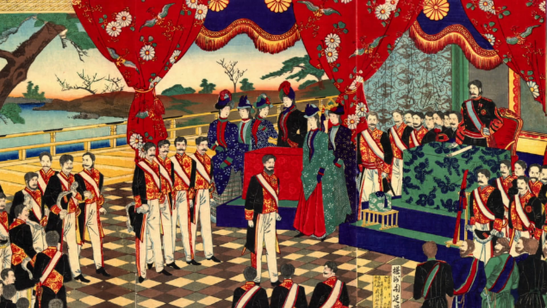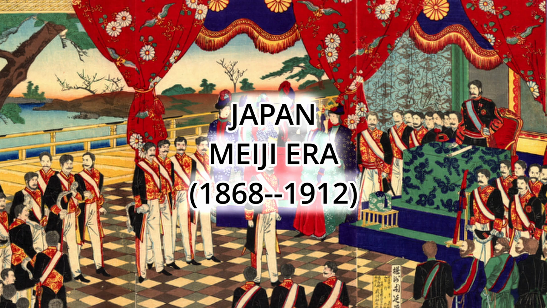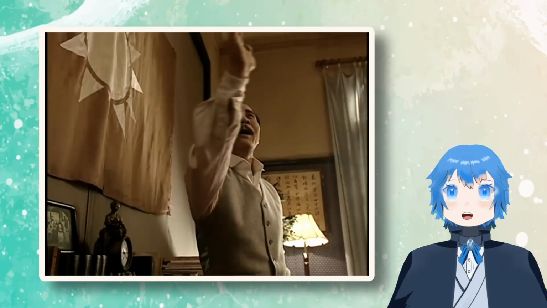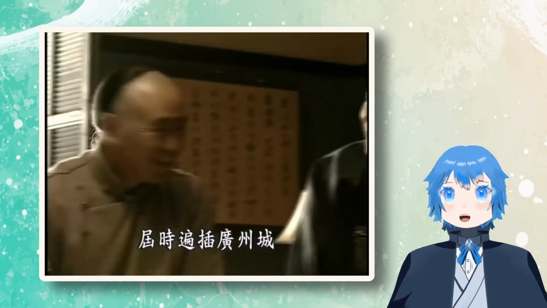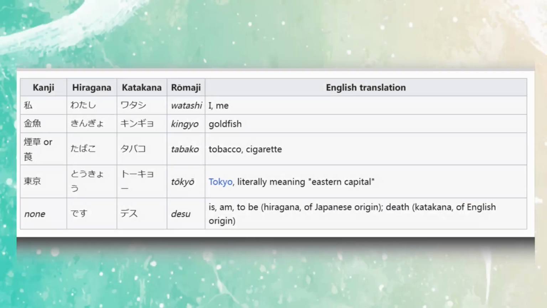Similarly, the unification movement began during the Meiji era in Japan, and the Japanese language faced a more complicated situation than China, because there are three writing systems in Japanese: hiragana, katakana, and kanji. Technically, kanji is one of the Chinese characters.